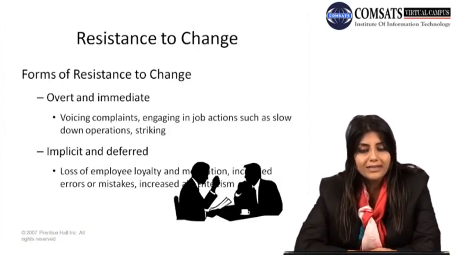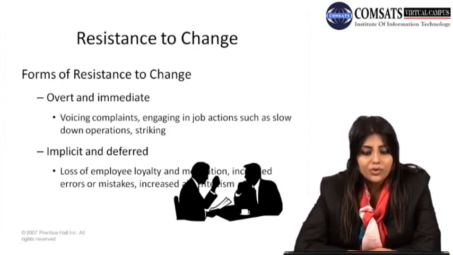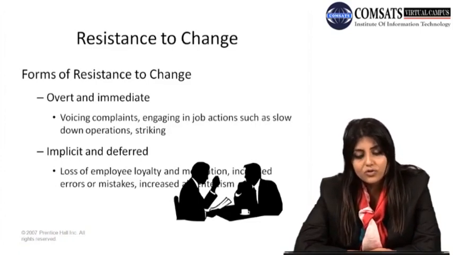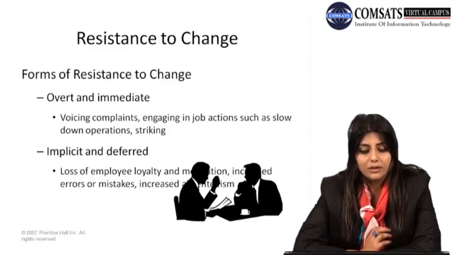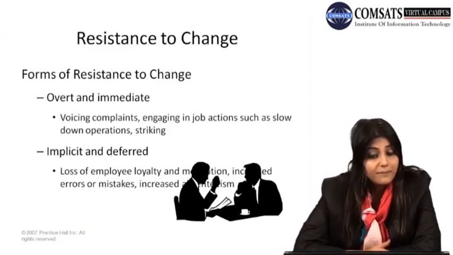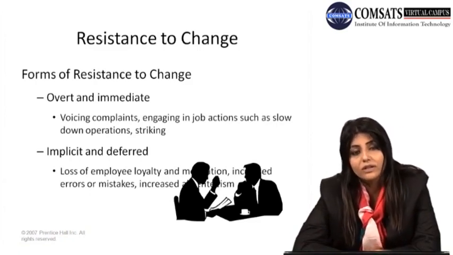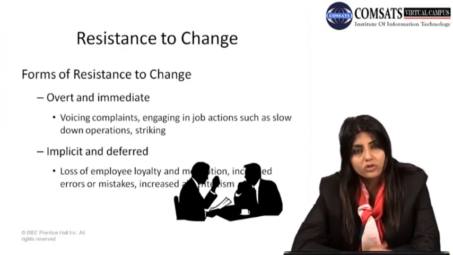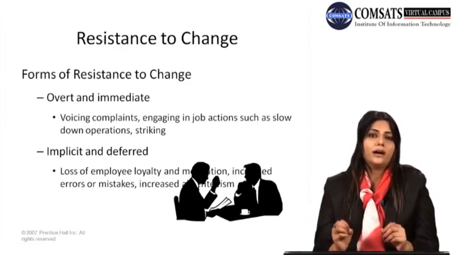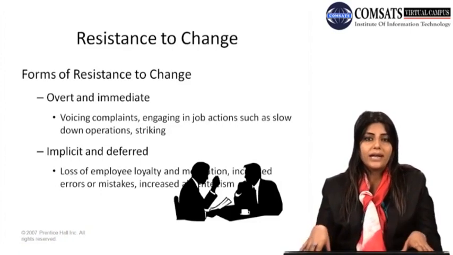There are a number of ways in which you can show your resistance to change that are overt and immediate, and not implicit. You can immediately reduce or slow down your operations, you can go on strike, you can give threats to go on strike, and so on. So your reactions are clear and overt.